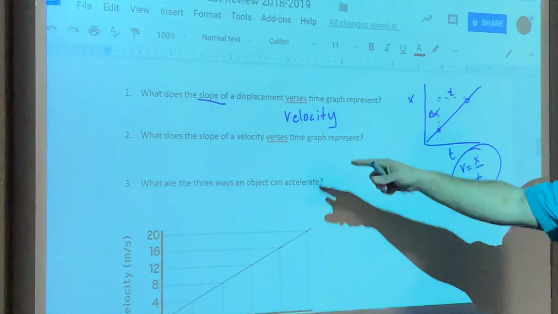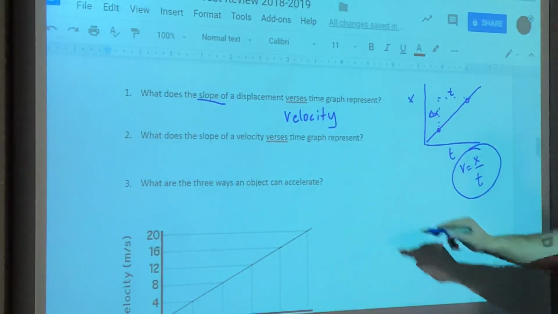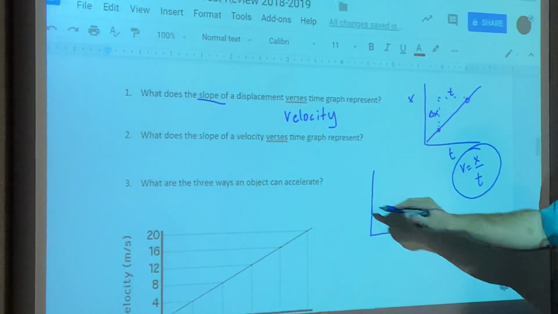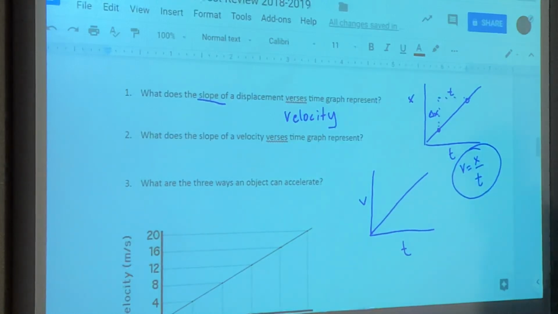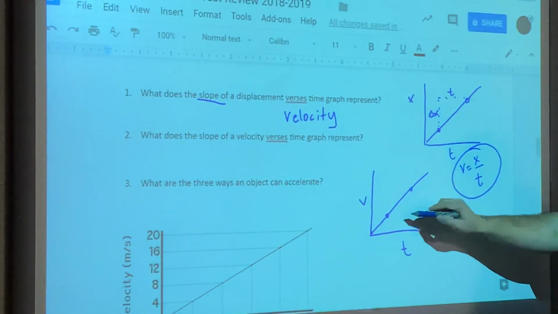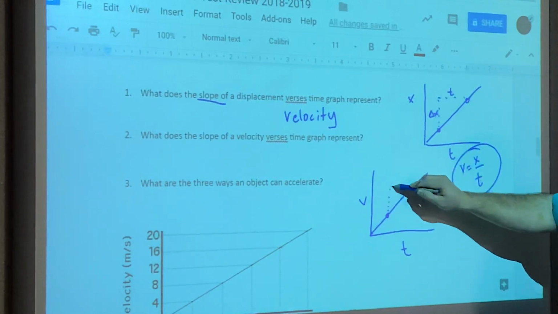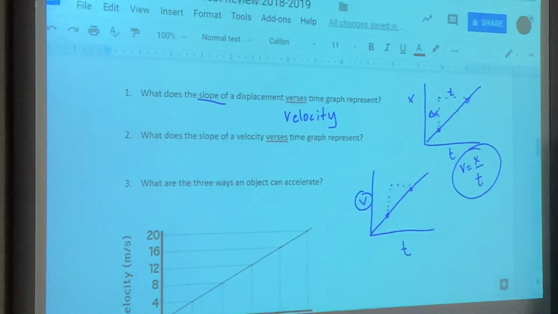Number 2, what does the slope of a velocity versus time graph represent? Well, you take the same method, you look at it the same way. So on a velocity versus time graph, you've got v over here, you have time here. And if we want to know what the slope is of one of these graphs, same thing, right? You're looking at rise over run, so you're going to rise up and then go across. Well, look, the rise has to do with velocity.